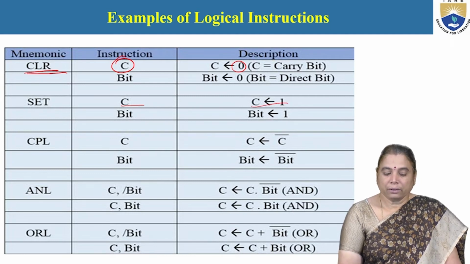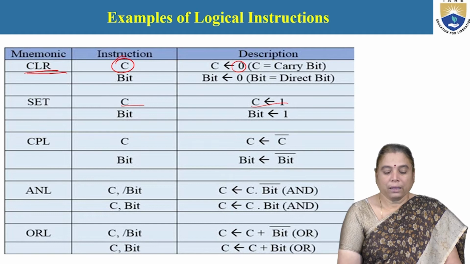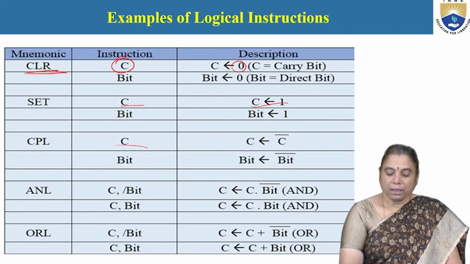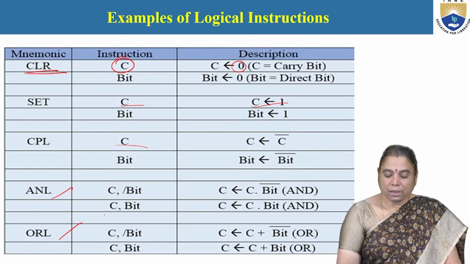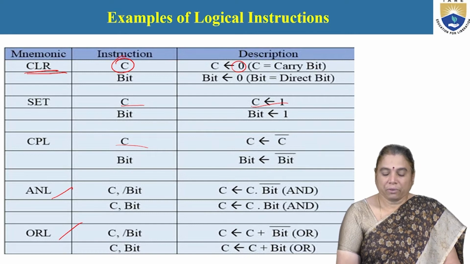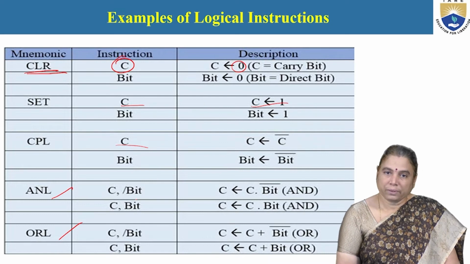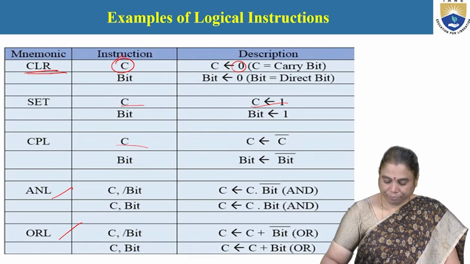So the carry bit clear C and set C can be used to manipulate the carry bit, and the complement of the carry bit can be taken with CPLC. And to perform the AND operation or OR operation on the individual bits of the operand, ANL and ORL on the register can be specified. So in this way, the logical micro operations can be applied.